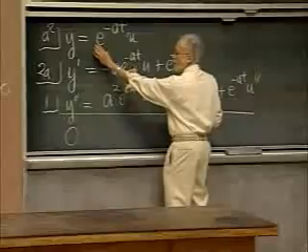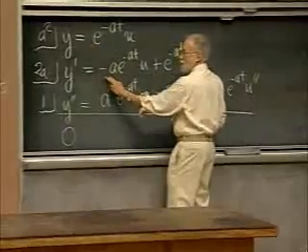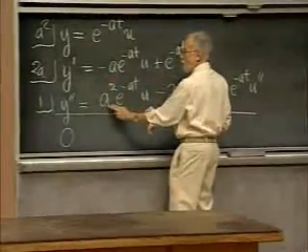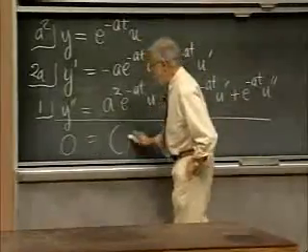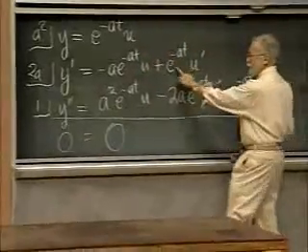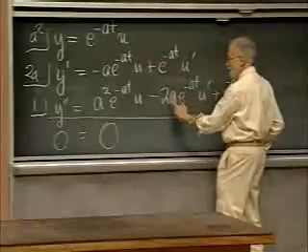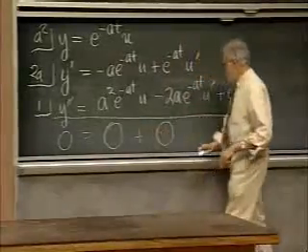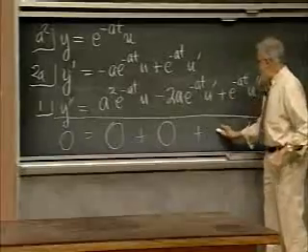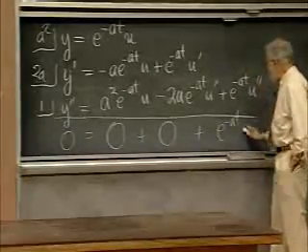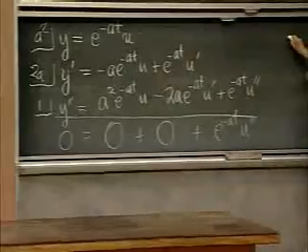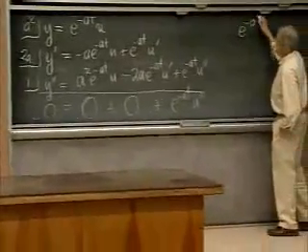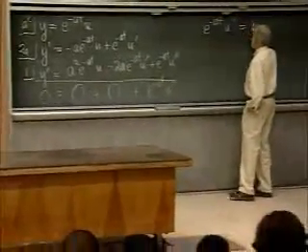This is a squared times this, plus 2a times that, plus 1 times that makes 0. All that survives is e to the minus at u double prime, and therefore e to the minus at u double prime is equal to 0.